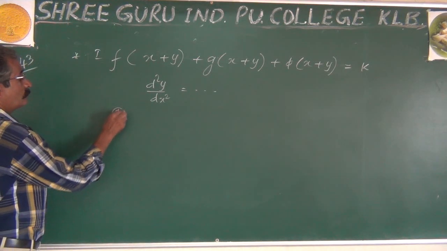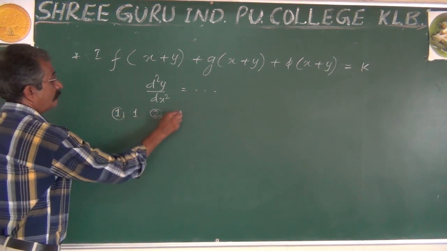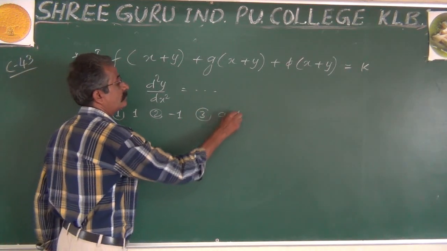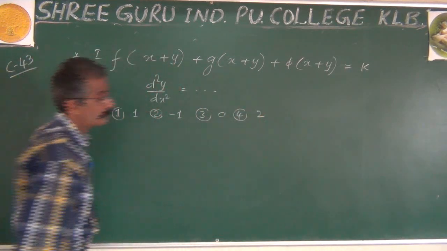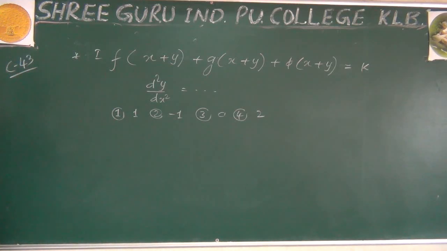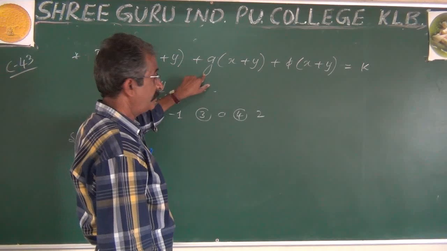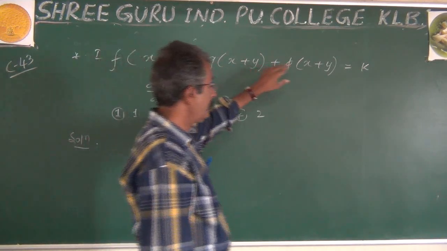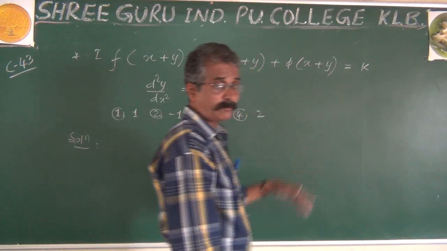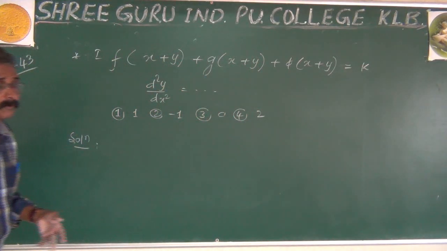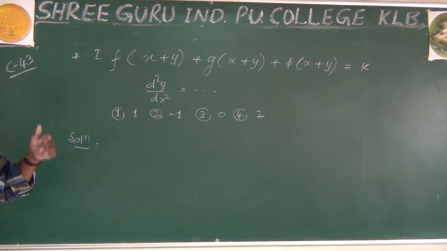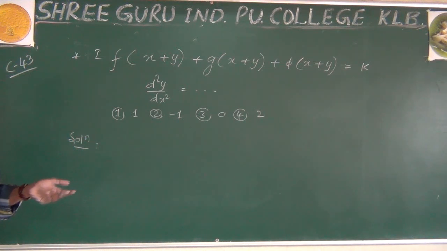First option 1, second option -1, third option 0, fourth option 2. Here, if you go the direct way, the actual method: differentiation of f gives f dash into 1 plus y dash, g gives g dash into 1 plus y dash, and phi gives phi dash into 1 plus y dash, differentiation of k is 0, and 1 plus y dash is common, that is equated to 0, so y dash becomes minus 1.